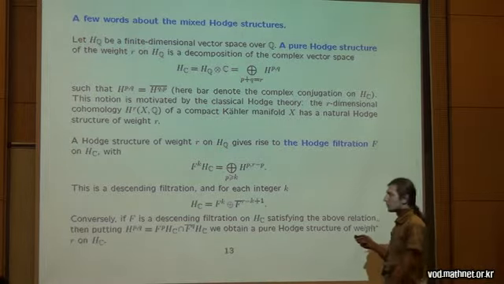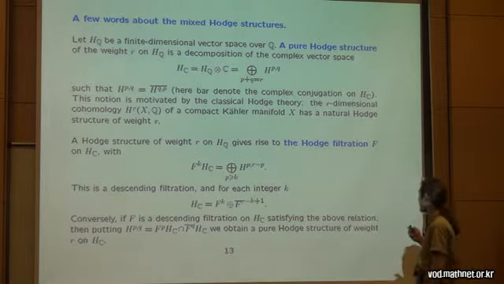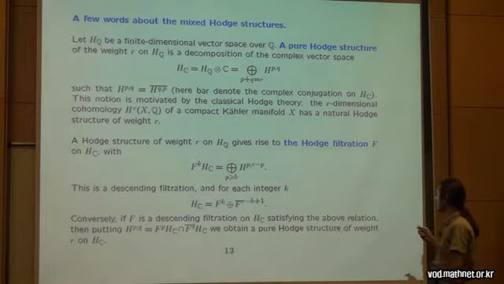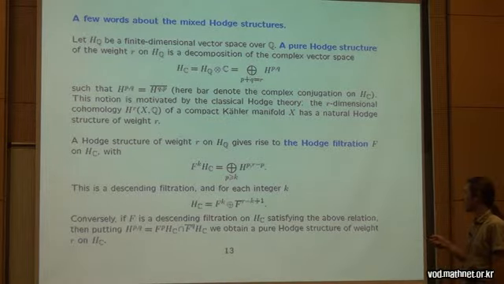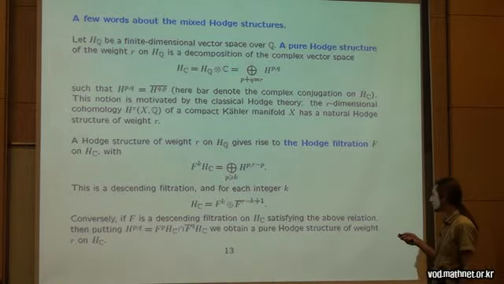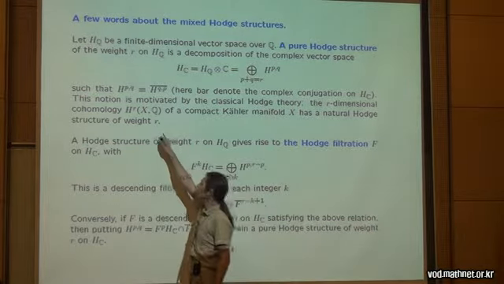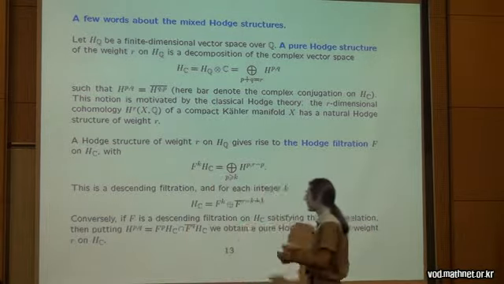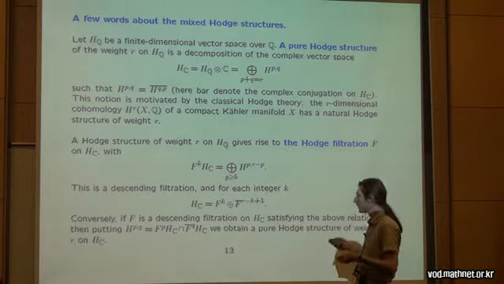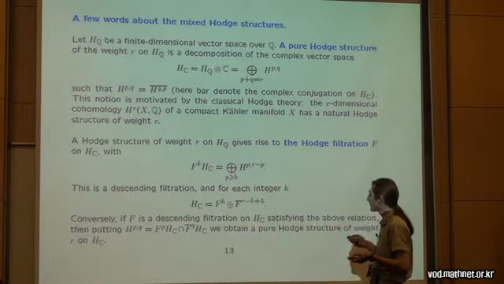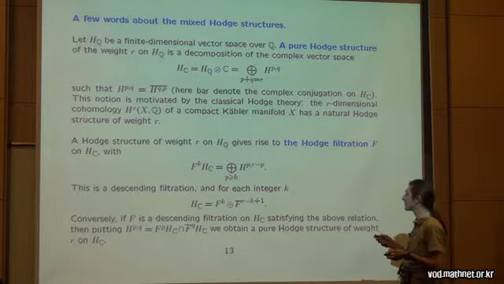This notation is motivated by the classical Hodge theory, because the r-dimensional cohomology of a compact Kähler manifold X has a natural Hodge structure of weight r, and for example, the cohomology of any smooth projective variety has a Hodge structure.